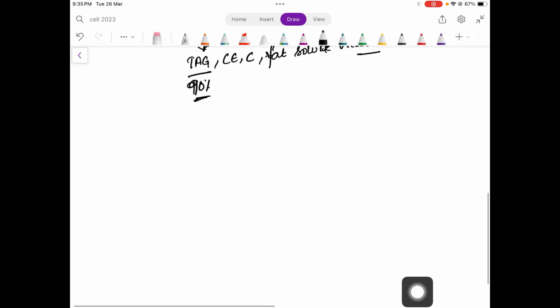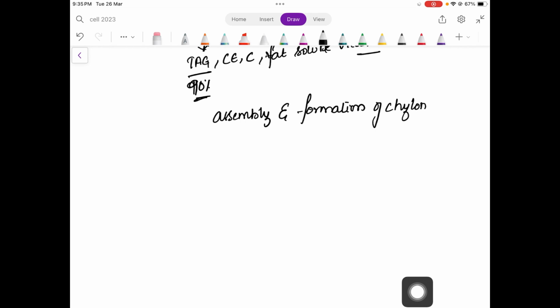These apolipoproteins and lipids have to be assembled into the chylomicron, and assembly and formation of chylomicrons is done with the help of a protein called microsomal triglyceride transfer protein.